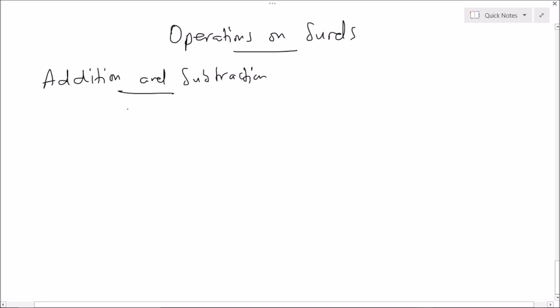Now, simply, we say that two or more sets can be added or subtracted if they are the same, or if they are like sets. Now, what are like sets? Or when do we say that two sets are the same?